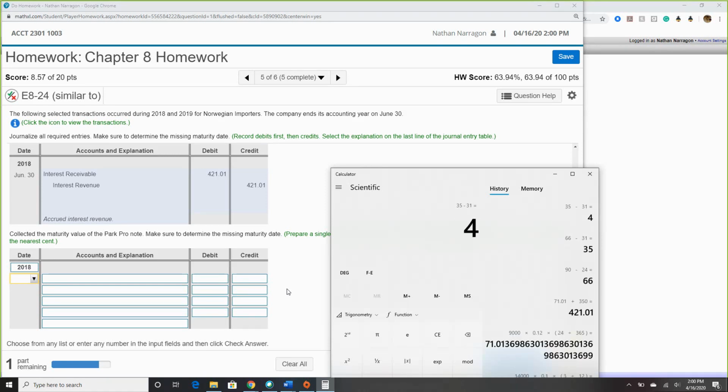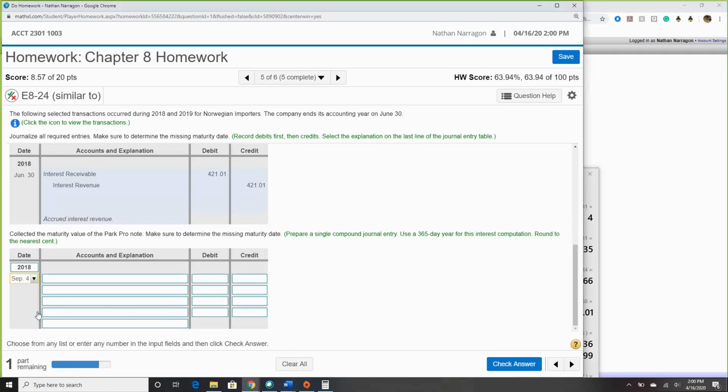Meaning we have 4 days left. So that means it should end on September 4th. This probably wants you to calculate the maturity date. That may sometimes change the date on you. If it does, it does. If it doesn't, it's okay, as long as you know how to get to the maturity date. Remember, the exam is probably going to have that.